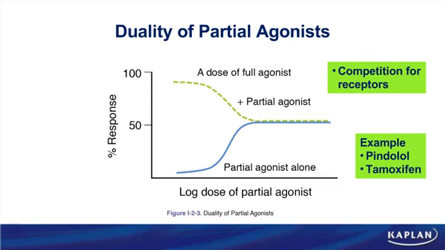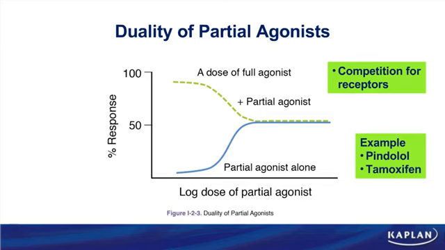But of course, an isolated heart preparation is not a whole body experiment. That's not a real situation clinically. What happens in the body when you put pindolol in somebody's body who already has epinephrine or norepinephrine stimulating that heart? Well, epi and norepi are full agonists. So what happens when you have a full agonist and a partial agonist in the same situation?